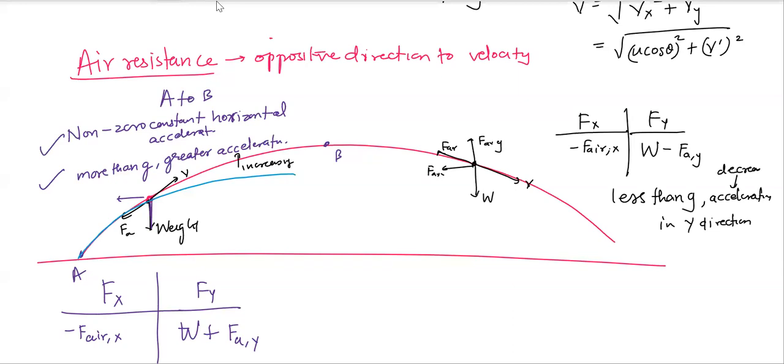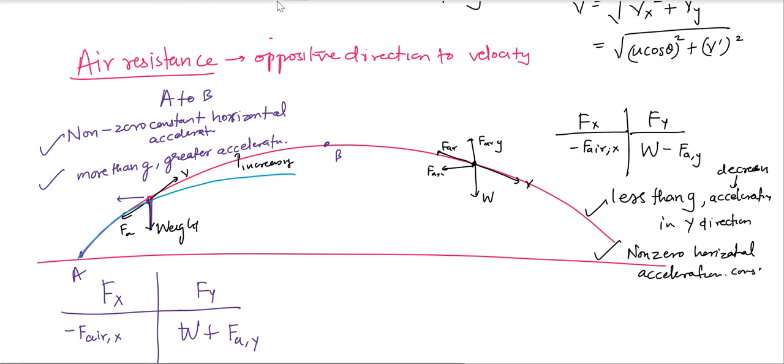So vertical acceleration will be less than g because the air resistance is in the opposite direction, and there will be non-zero horizontal acceleration, which will be constant.